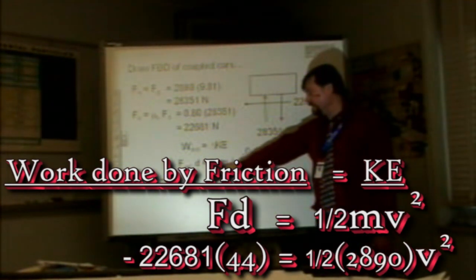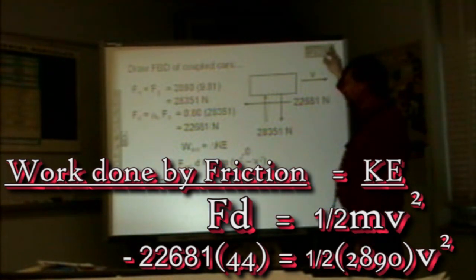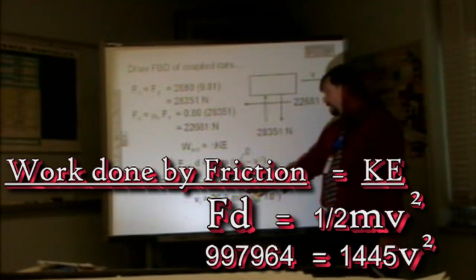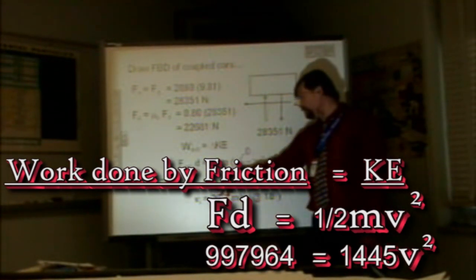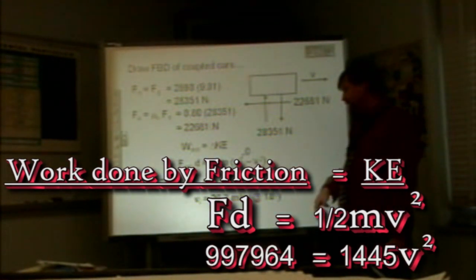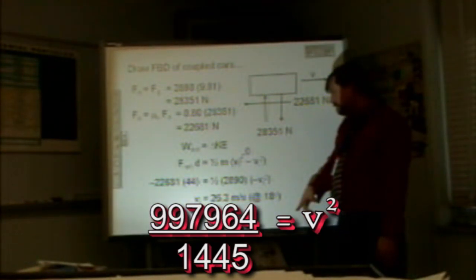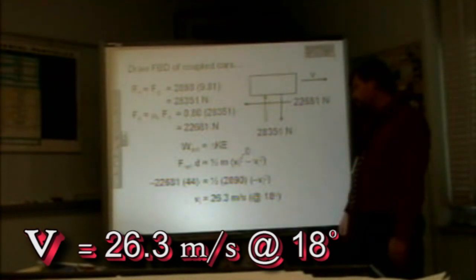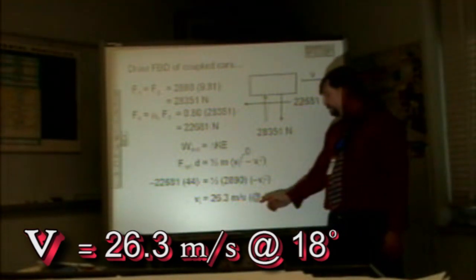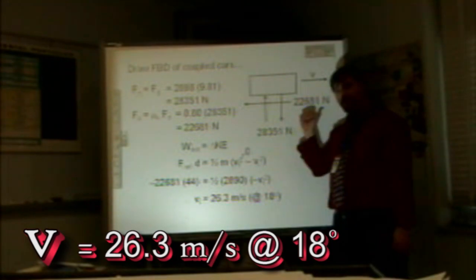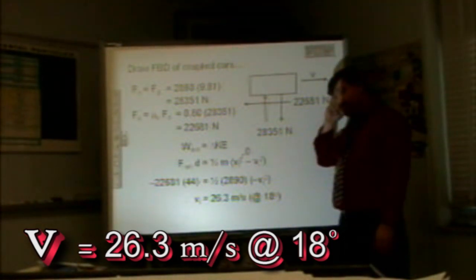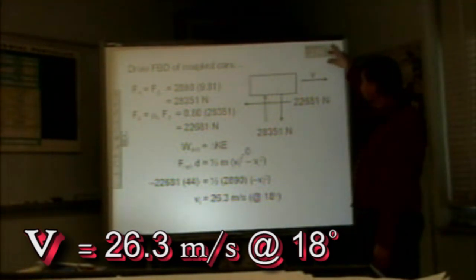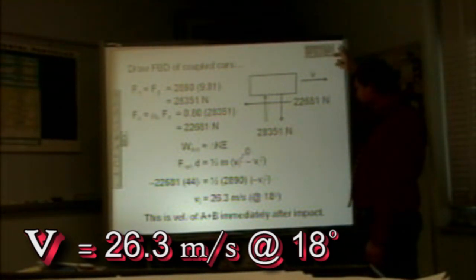We know this side. We know our frictional force, and we know our distance, 44 meters. So times 2, divide by 2,890, then square root it, and we get 26.3 meters per second at 18 degrees. This initial velocity is north of east, so it's in the positive quadrant.